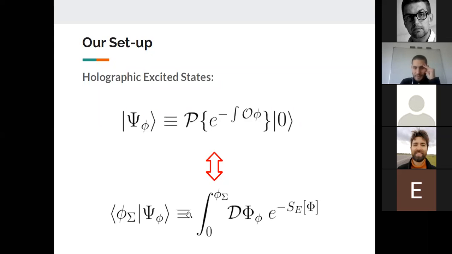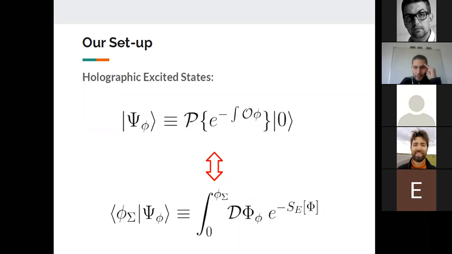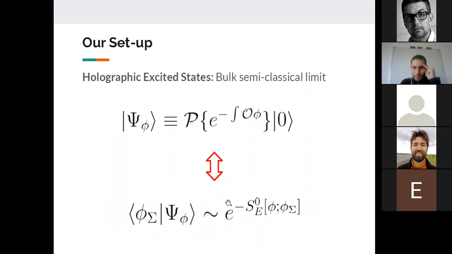But if I take this large N limit on the AdS side, also the large N CFT side, I can, instead of doing a path integral, just compute this. This wave function will be very well approximated by this, which is the on-shell action, and this on-shell action will depend, of course, on the basis element that I chose, and also on the function. So this is something that will be more comfortable to compute.